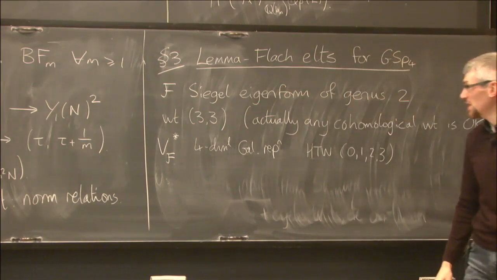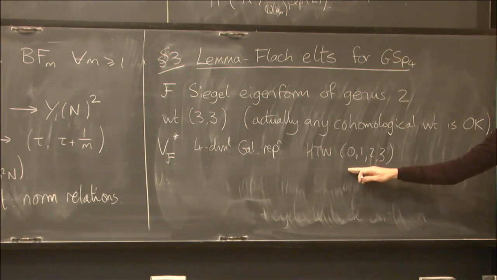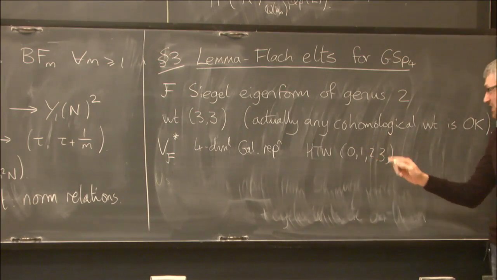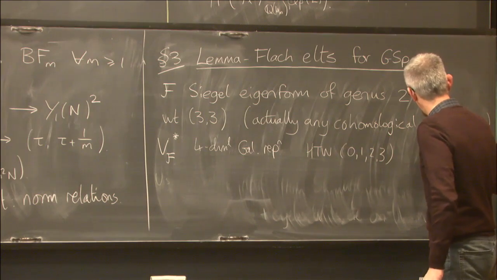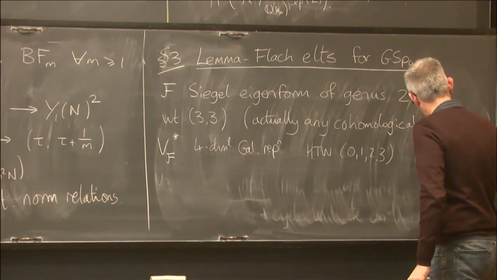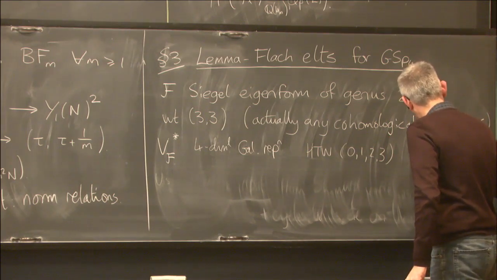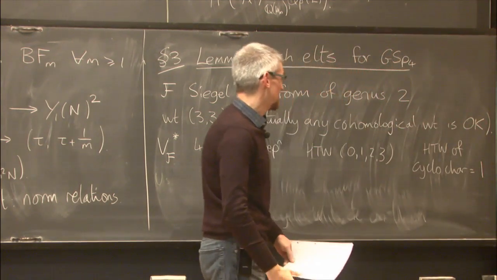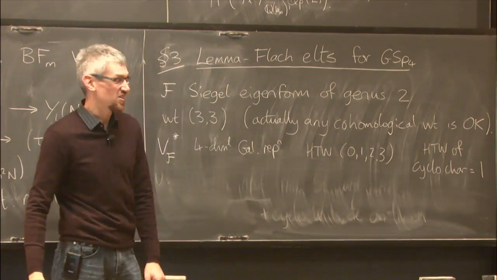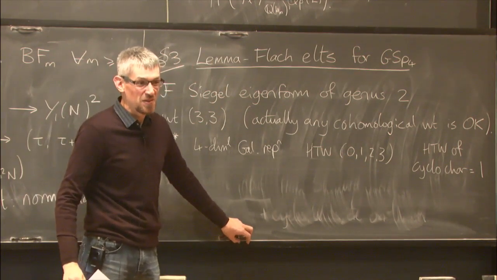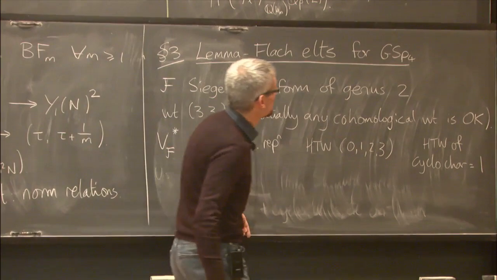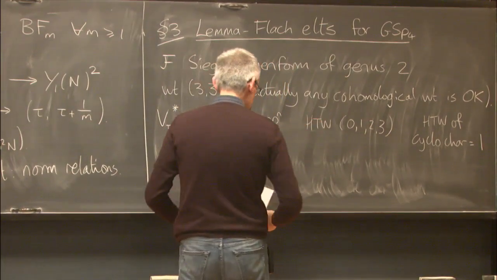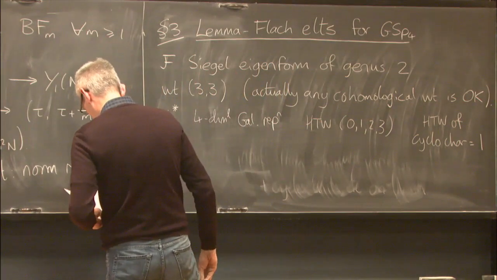And because I'm in this minimal weight situation, the Hodge-Tate weights are 0, 1, 2, and 3. And just to completely avoid discrepancies, for me, the Hodge-Tate weight of the cyclotomic character is 1, although I think there are many people who feel it should be -1. I believe I stand with Fontaine there.